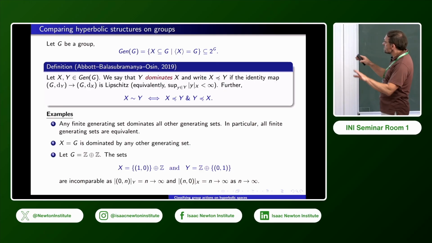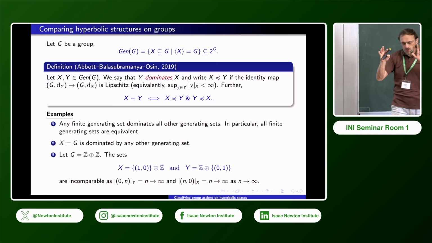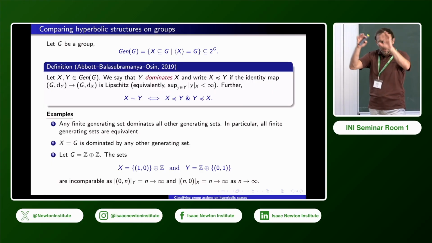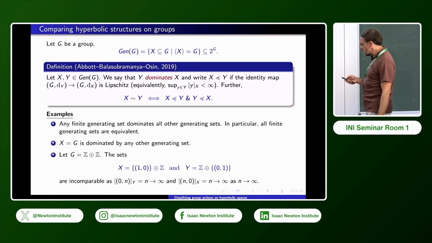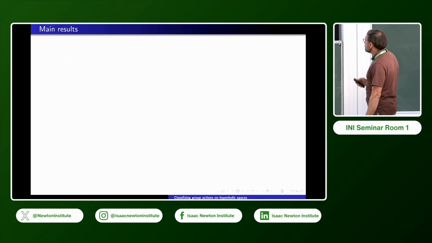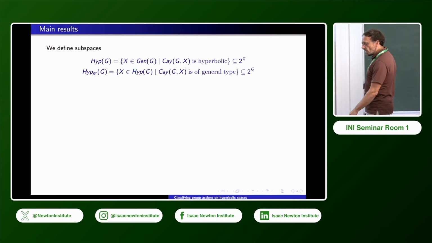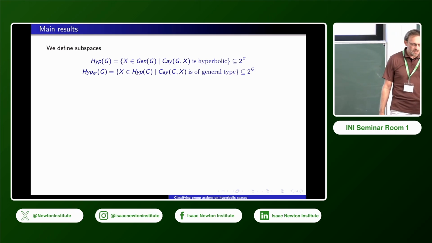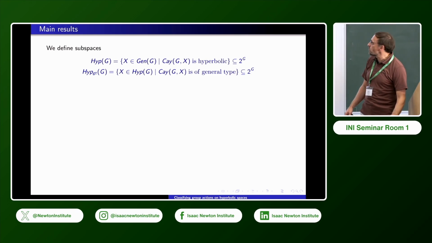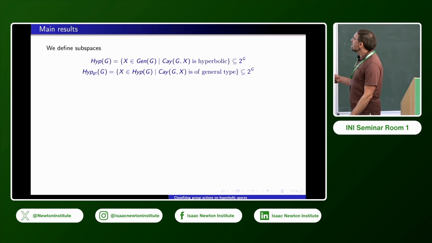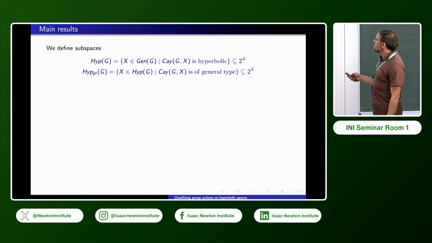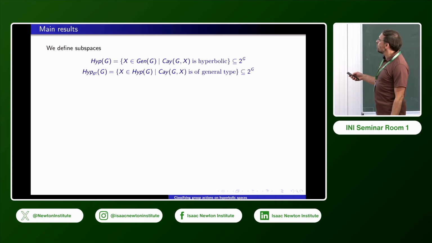So these generating sets, for a general group, form a very complicated partially ordered set. Now we are not particularly interested in that big partially ordered set. We want to consider generating sets corresponding to co-bounded actions on hyperbolic spaces. And these are, okay, so first we consider the set of all hyperbolic generating sets of G, which is the set of all generating sets such that the corresponding Cayley graph is hyperbolic.